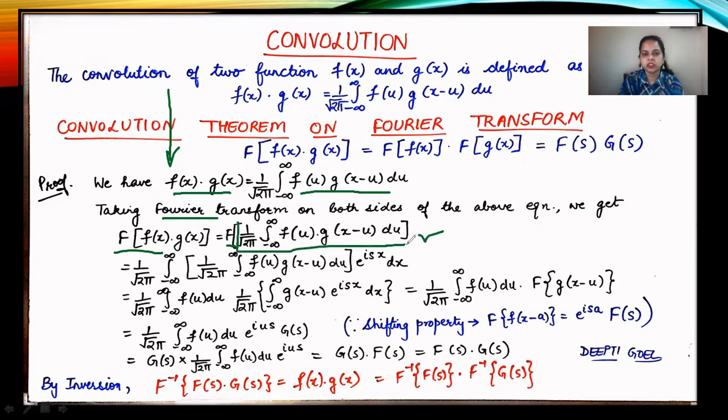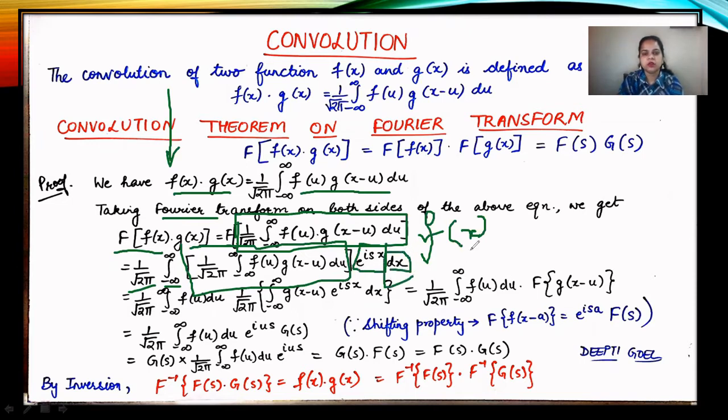This whole function is treated as the f of x, and we know that the definition of the Fourier transform is 1 by root 2 pi integral minus infinity to infinity f of x, which is to be multiplied with the kernel e to the power iota sx, and the integration is carried over the variable x.